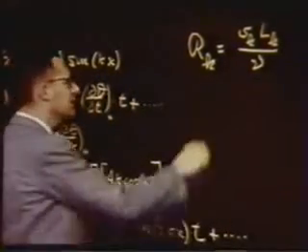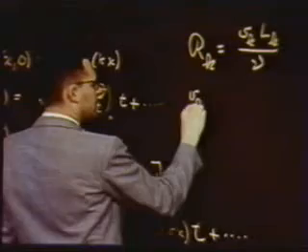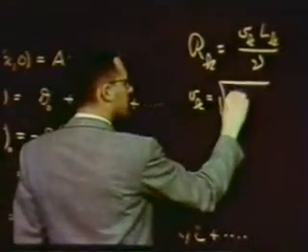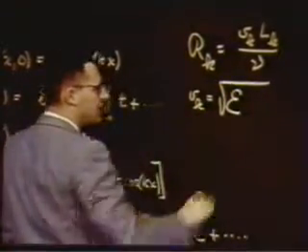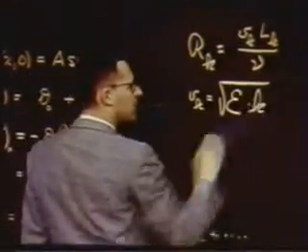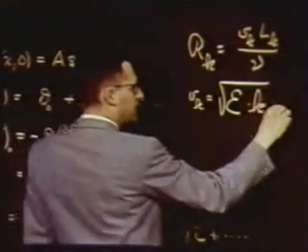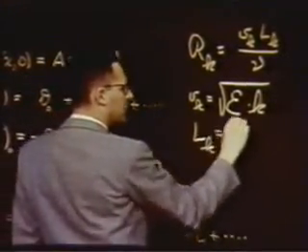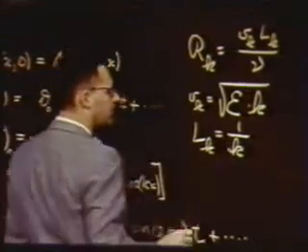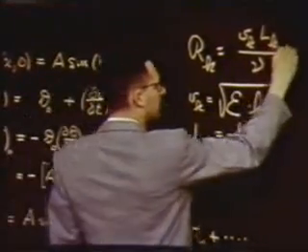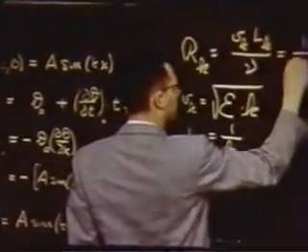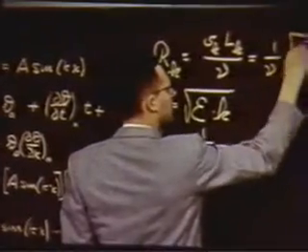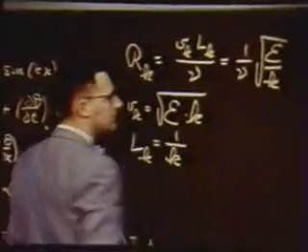From dimensional reasoning, the characteristic velocity must be just the square root of the turbulent energy spectrum times the wave number. And of course, the characteristic length, L sub k, must be 1 over the wave number itself. Therefore, the Reynolds number is 1 over nu times the square root of E over k.